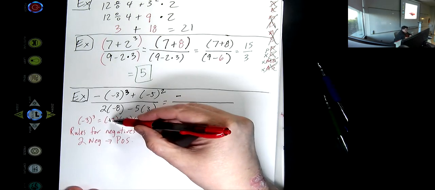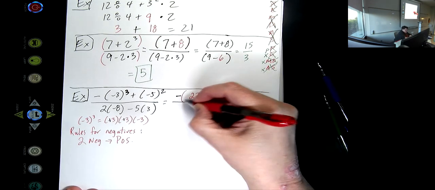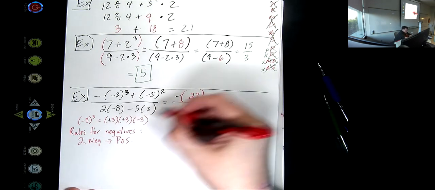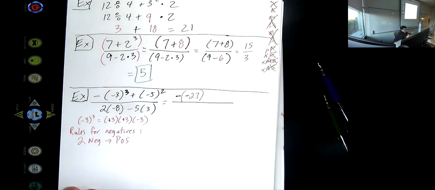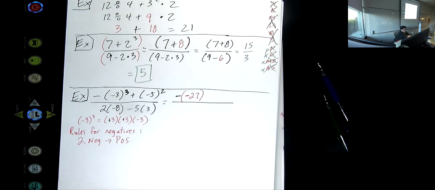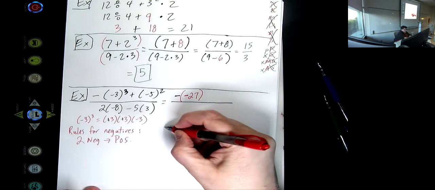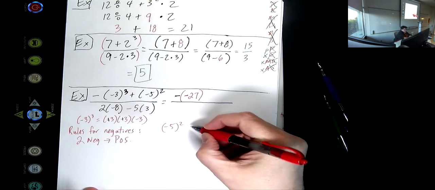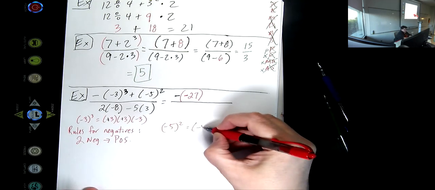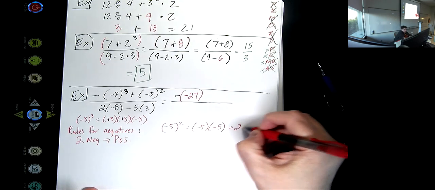So I've got 3 times 3 times 3 is 27. And then there was a negative left over inside. So I'm just doing the parentheses first. And I still have this negative out here that I'm leaving alone. The -5 squared is -5 times -5, which is positive 25.